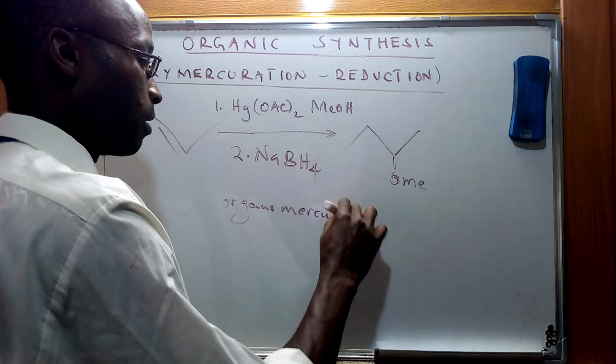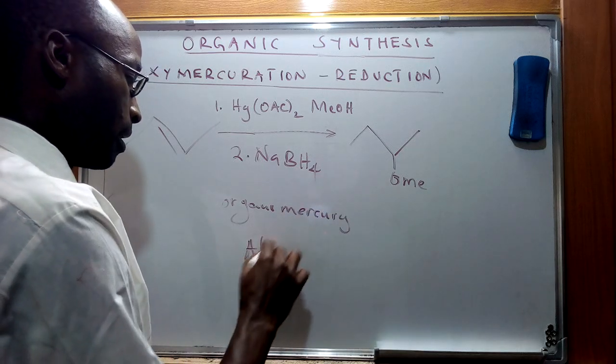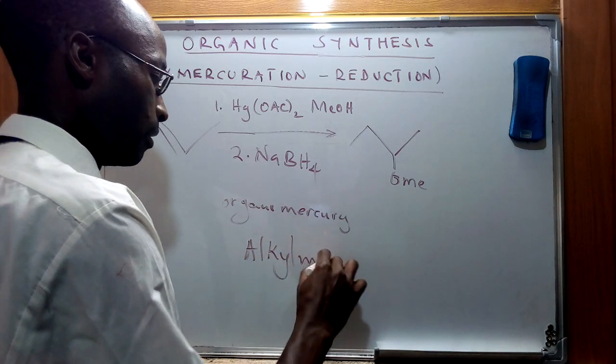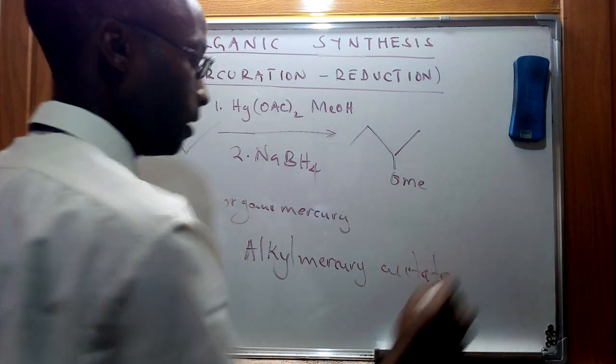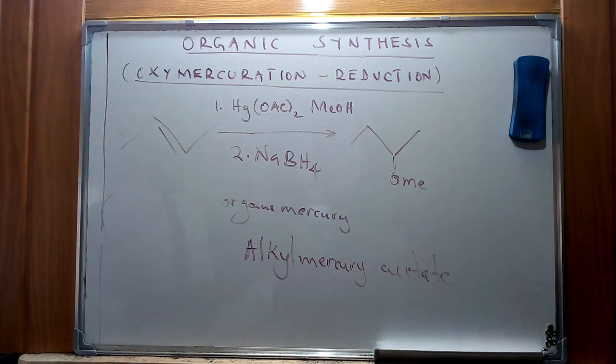Now we're going to have other complexes like alkyl mercury acetate, which are also involved in reactions with different parts of these specific compounds. And we're going to see the role of radicals involved in this case, which assist us in finding some of the end products we desire to achieve from these organic reactions.